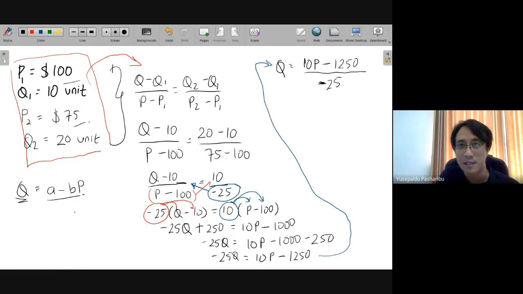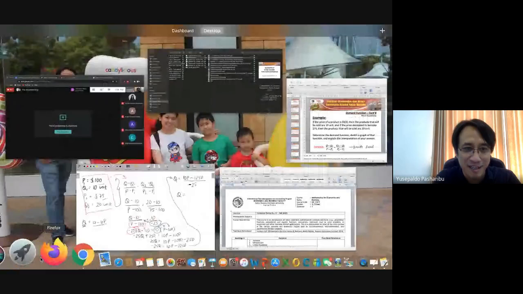This is negative. So Q equals, the easiest way to calculate is using decimal. If you are confused or not sure how to divide it, just use a calculator.